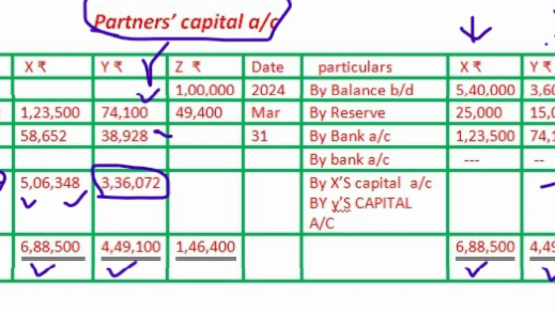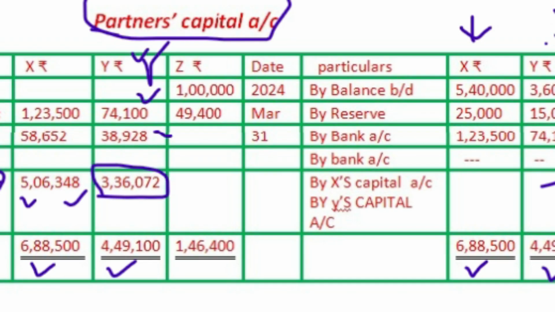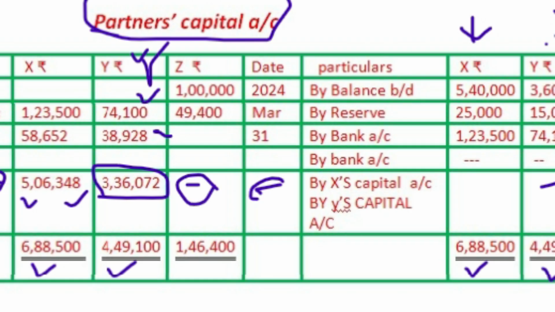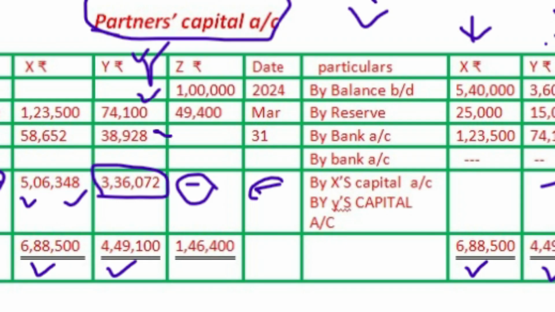This amount will be paid to Y, who will receive it from the firm on dissolution. So Z became insolvent, and he is not entitled to receive anything. No cash will be paid to Z because he is insolvent and unable to bring in his debit balance of capital.